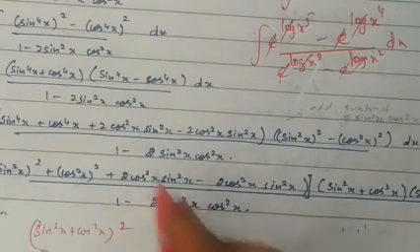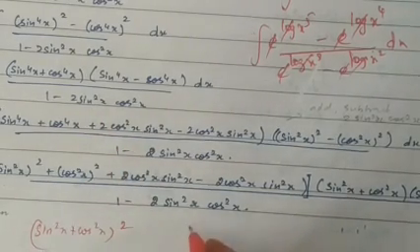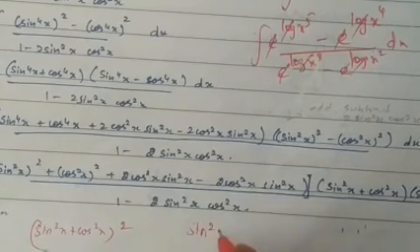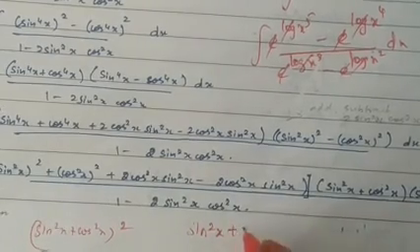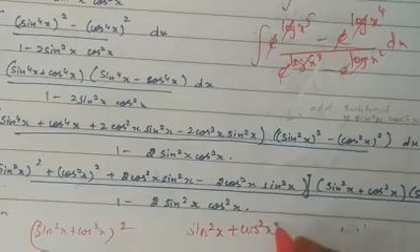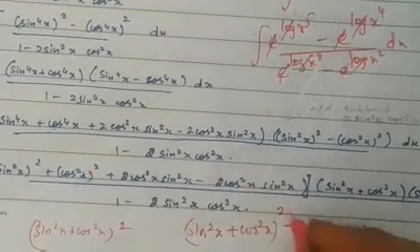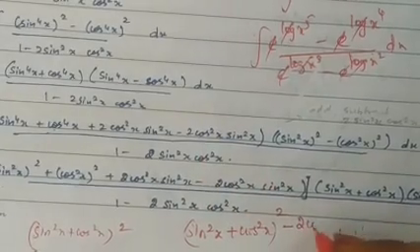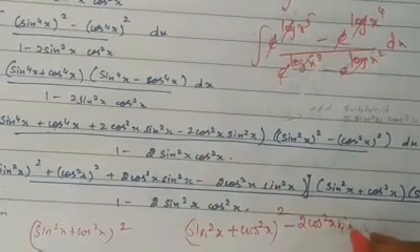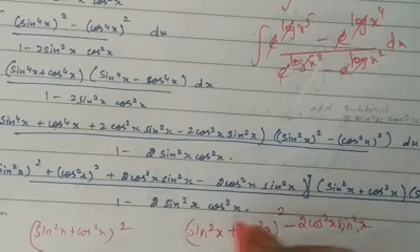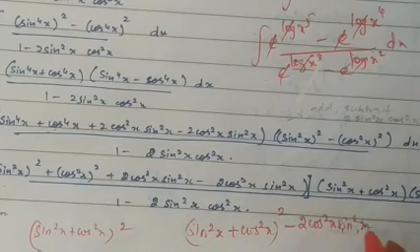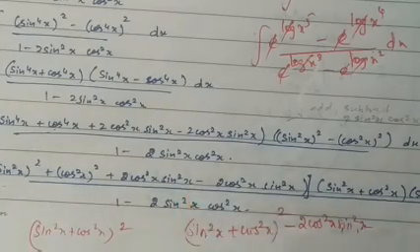That is nothing but a plus b, where the a term is sin^2 x, plus cos^2 x, the whole square. Remaining term is minus 2 cos^2 x sin^2 x. Now sin^2 x plus cos^2 x becomes 1, therefore 1 minus 2 cos^2 x sin^2 x. So the numerator and denominator will get cancelled.